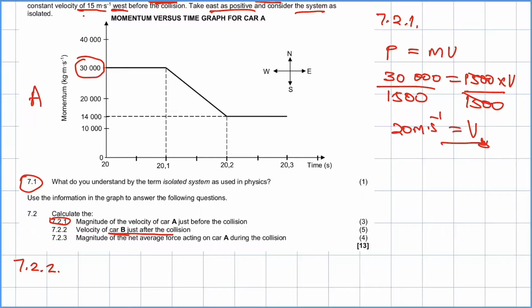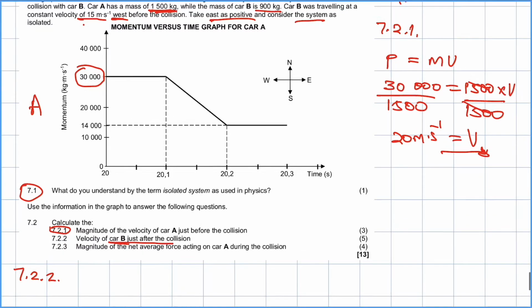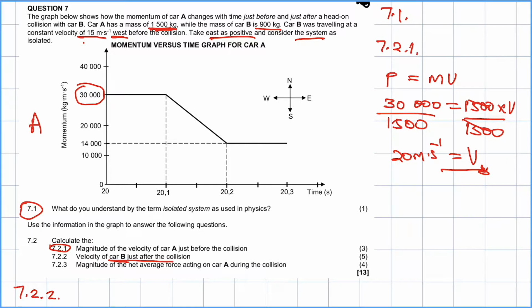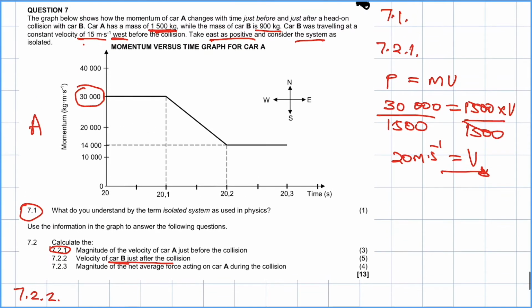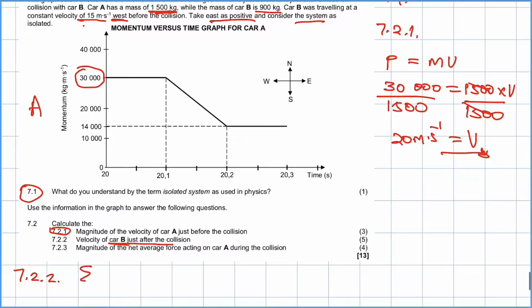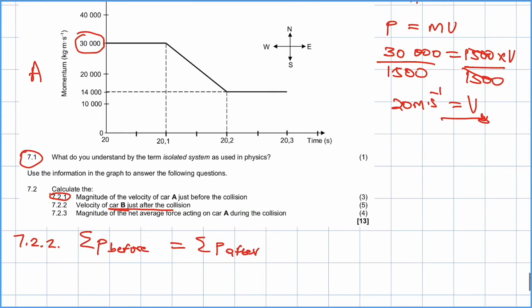Here we can use the law of conservation of linear momentum, because we have car A moving east and car B west, and they collide head on. We want to know the velocity of car B after collision. So we'll use the sum of momentum before is equal to the sum of momentum after.